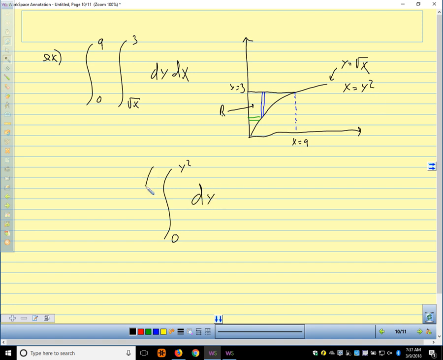The outer integral is going to be 0 to 3. So that would be that integral with the order switched.